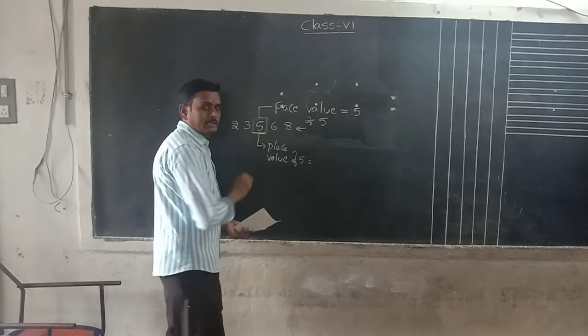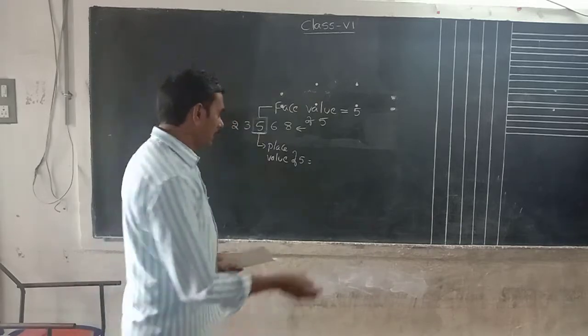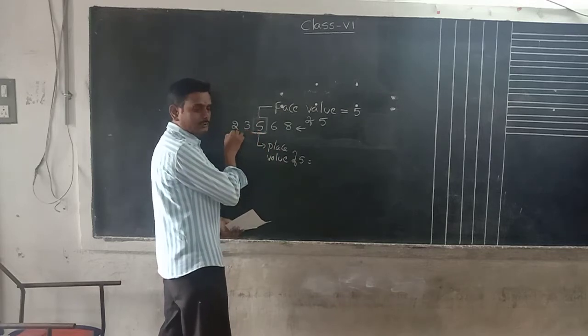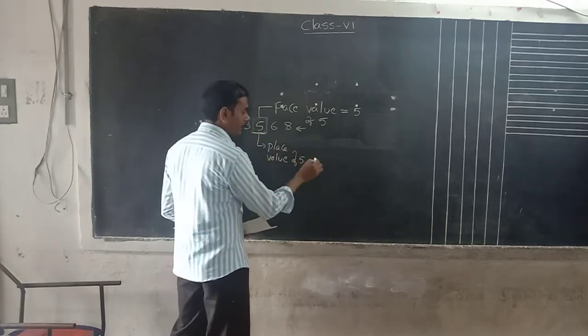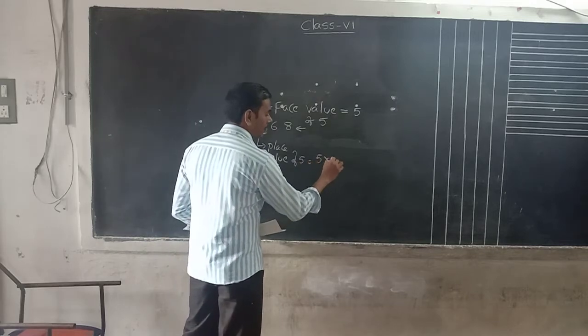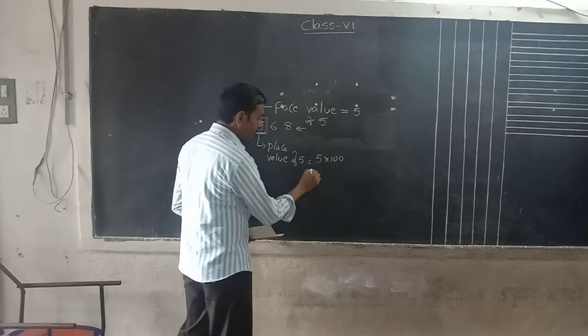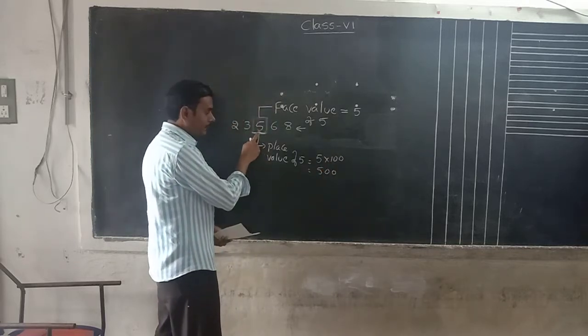Is 5 located at the 1000 place or the 100 place? Once again: ones, tens, 100. 5 is located at the 100 place, so we write 5 into 100, which is 500.